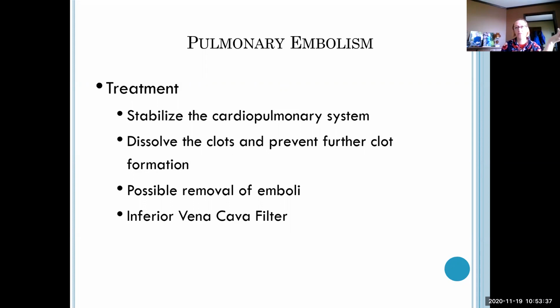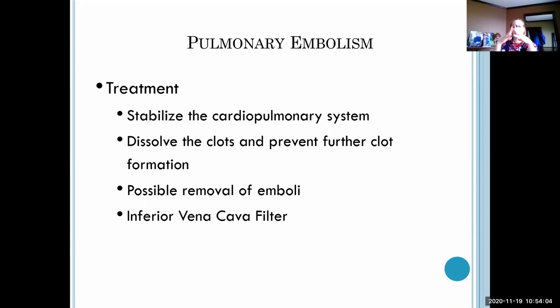And if they may not be able to be on blood thinners, an inferior vena cava filter is another possibility, an IVC filter. That filter is essentially like an umbrella that goes into the inferior vena cava and prevents clots that come from the legs from going to the lungs. Because as we've already discussed, usually our DVTs are what's going to cause our PEs, because legs, lungs, heart, head.